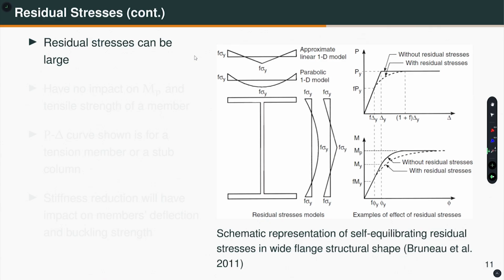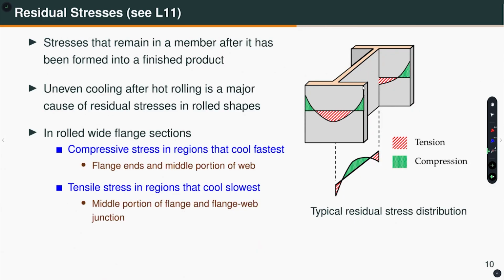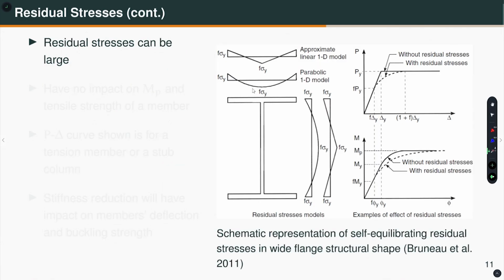As I have shown you, here you will have compressive residual stresses, so let me write that this is compressive, whereas this here is tensile. Similarly, here this cools fastest, so this is compressive and these are tensile. So, this is for the web and this is for the flange, using two different patterns.